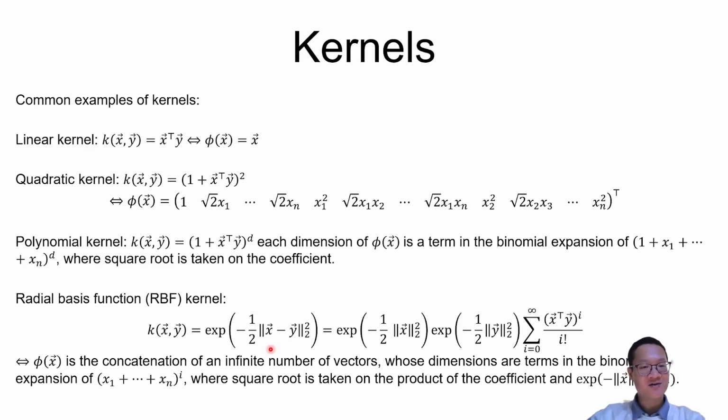For the radial basis kernel, when x is equal to y, we simply have exponential of -0, so the kernel equals 1. For the exact same vector, the kernel equals 1, and for vectors that are very far apart, the value of the kernel becomes smaller. So we have a different interpretation of how we compare two data points when we use kernels.